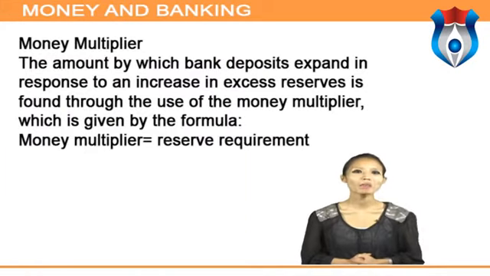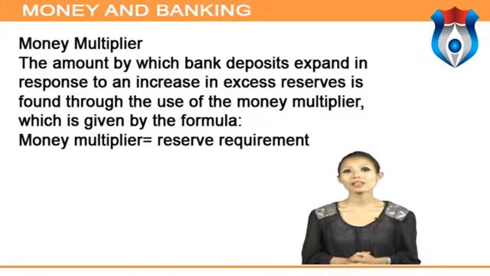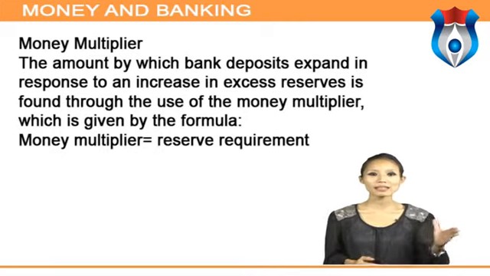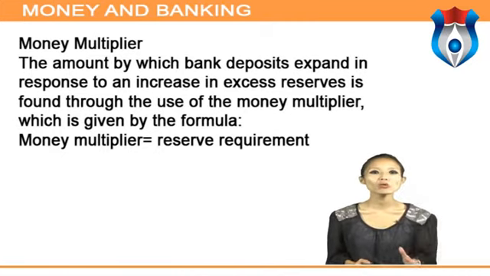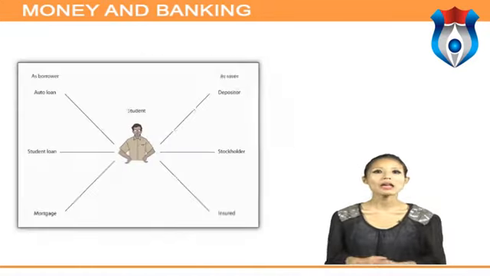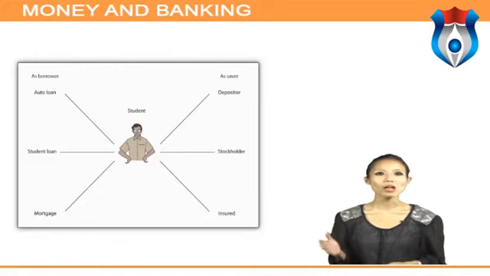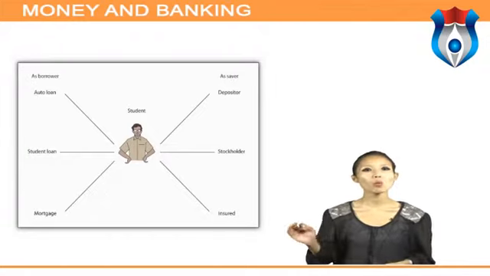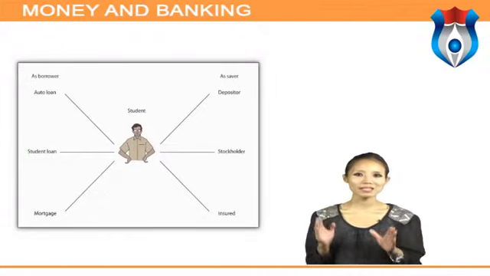Money multiplier. The amount by which bank deposits expand in response to an increase in excess reserves is found through the use of the money multiplier, which is given by the formula: money multiplier is equal to 1 divided by the reserve requirement. In the example of deposit expansion, the reserve requirement is 10%, so the money multiplier in this case is 1 by 0.10, which is equal to 10.